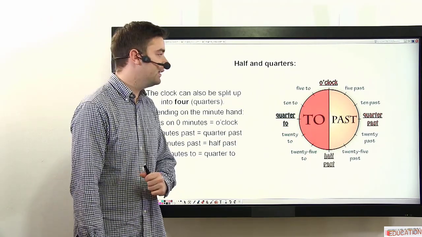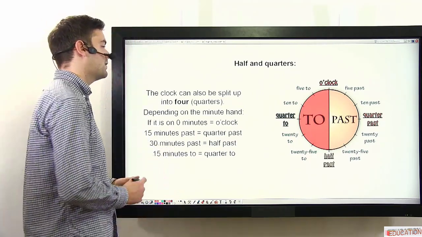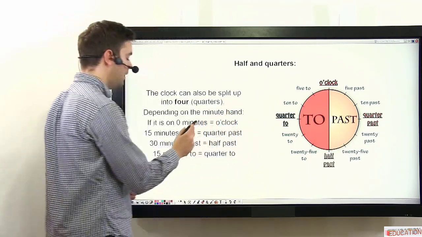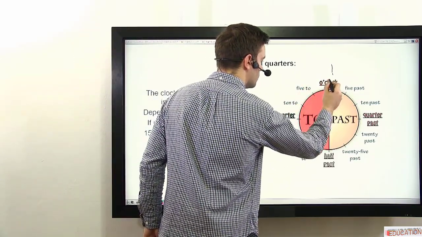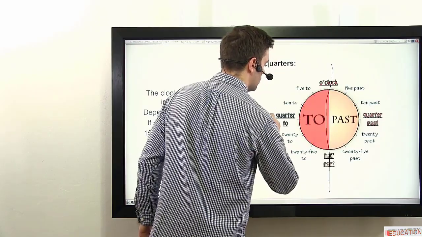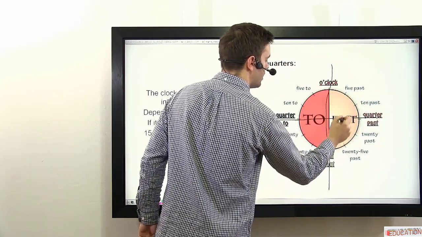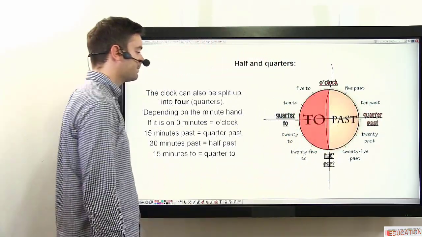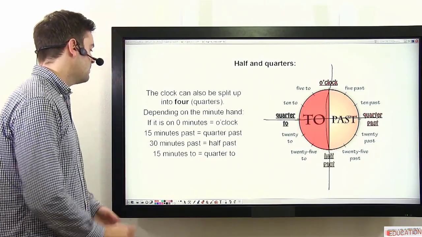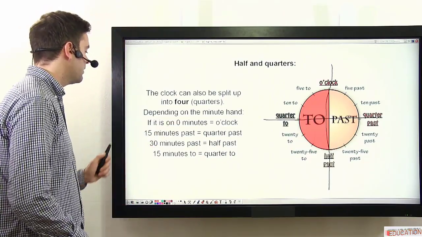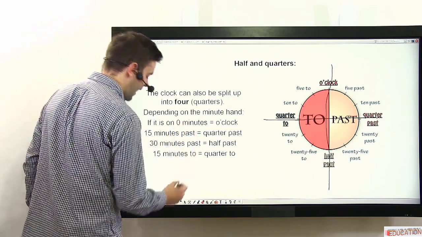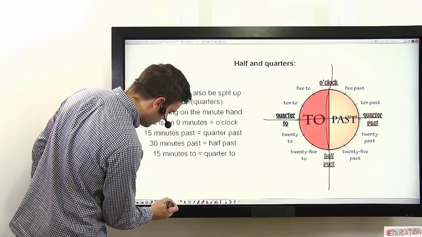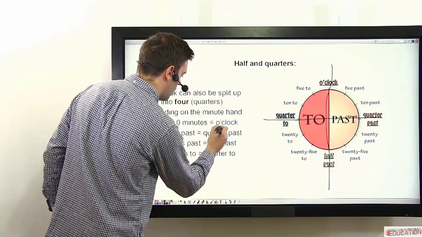We can make it a bit easier for ourselves, as the clock is split up into 4. 1, 2, 3, 4. Depending on the minute hand, if it is on 0 minutes, we say o'clock.